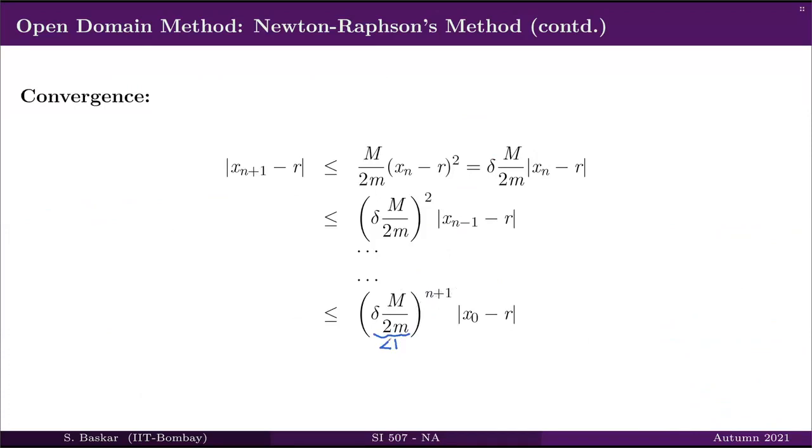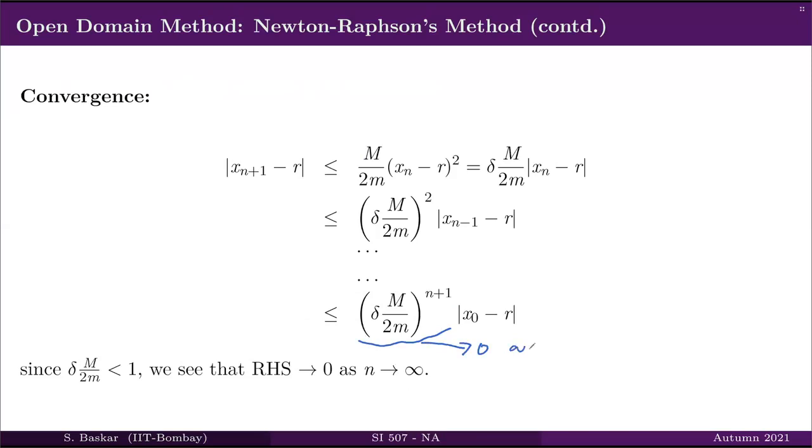Now what can you say about this term as a sequence when you take n tending to infinity? Well, you can see that this entire term goes to 0 as n tends to infinity. That means the right hand side is going to 0 as n tends to infinity, and that proves the convergence of the sequence xn generated by the Newton-Raphson method.